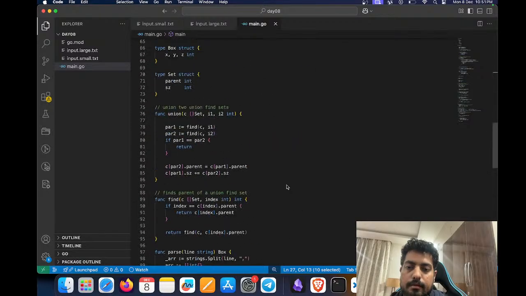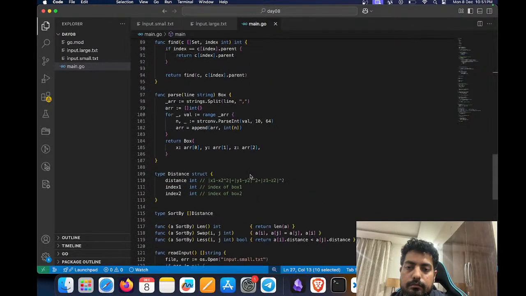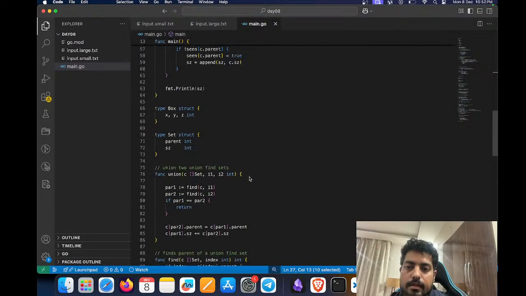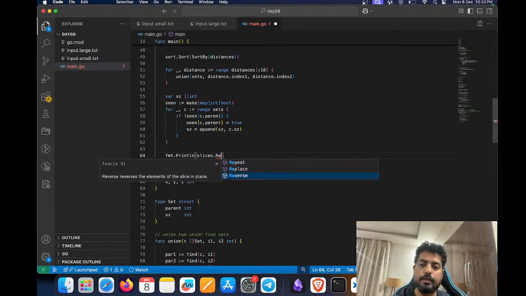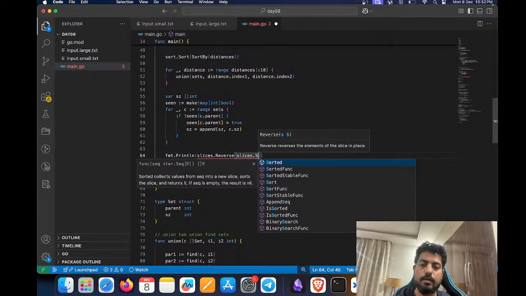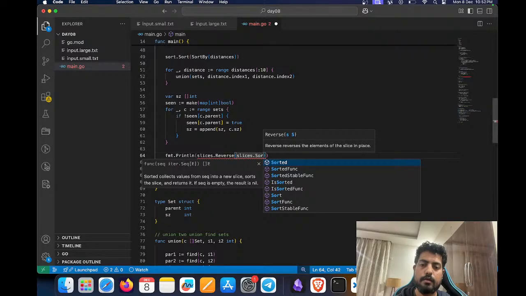Where is it? And actually it is slices.sort.